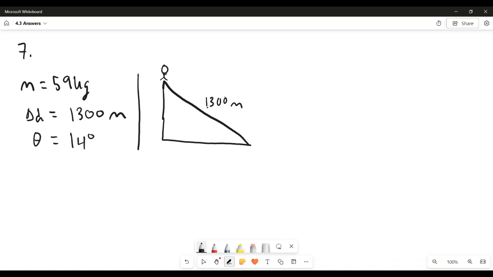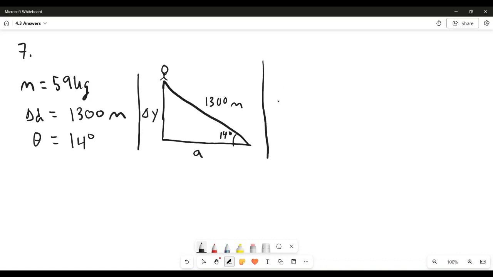This side is 1.3 kilometers, which means that this would be the height that the person is standing. And obviously we have the angle, which is 14 degrees. And this side over here, I guess we can just name it A because it is adjacent to the angle.